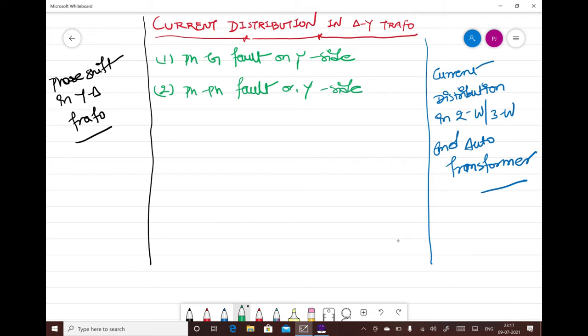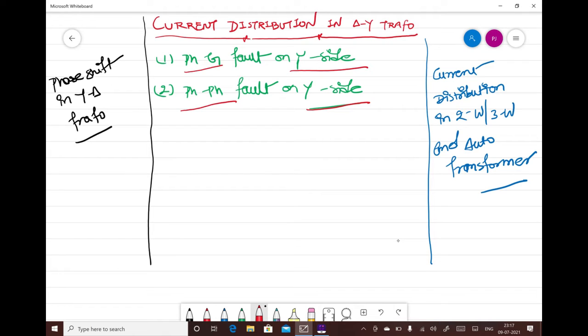How the currents are distributed in the delta winding after a phase to ground fault on the star side, and after a star side phase to phase fault, that we will discuss in this session.